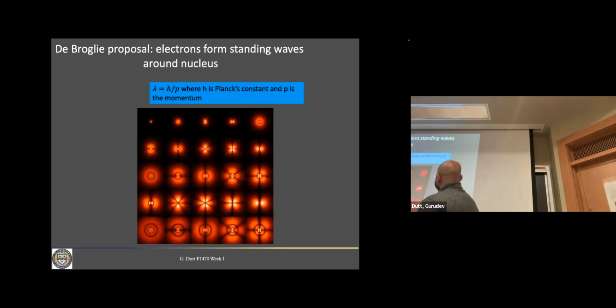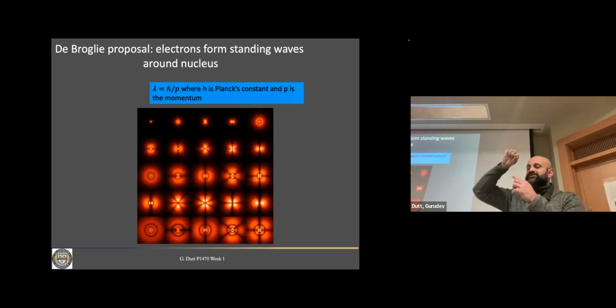So he imagined that there would be these standing waves which form these beautiful patterns around the nucleus. And because the standing wave has a wavelength, which is given by this lambda, it will only work if an integer number of these wavelengths fit inside an orbit. So an orbit is defined by the fact that an integer number of these wavelengths has to fit inside this orbit.